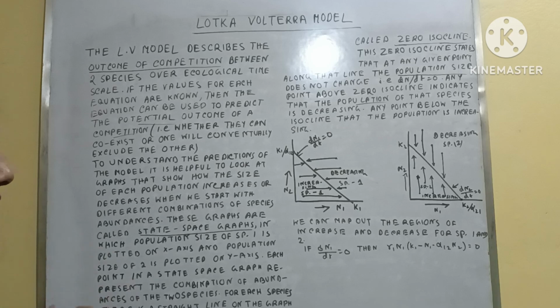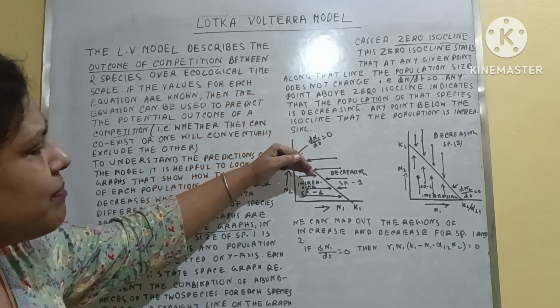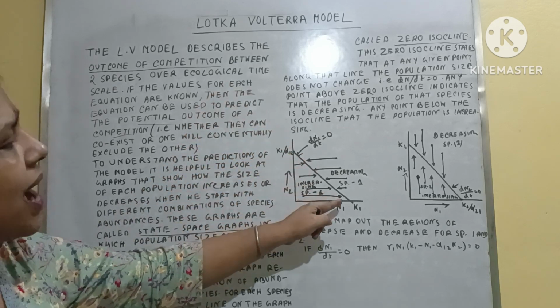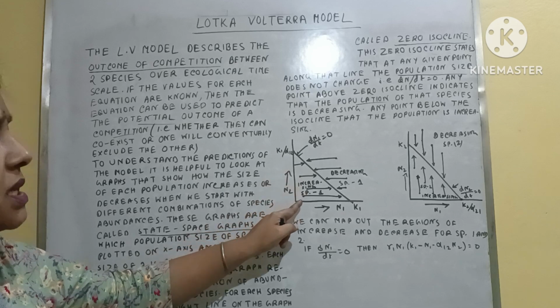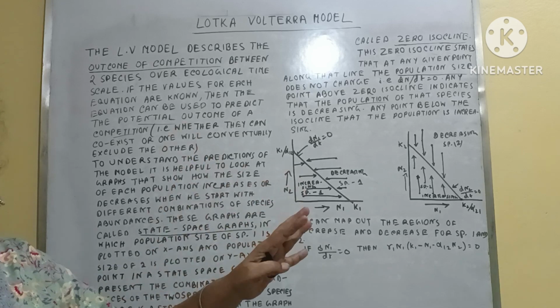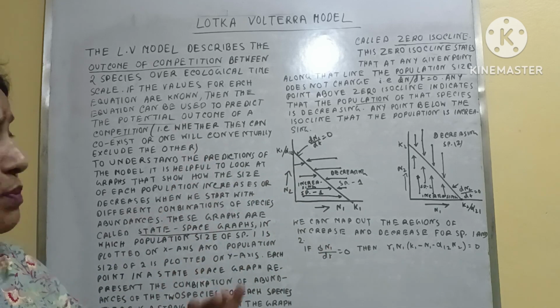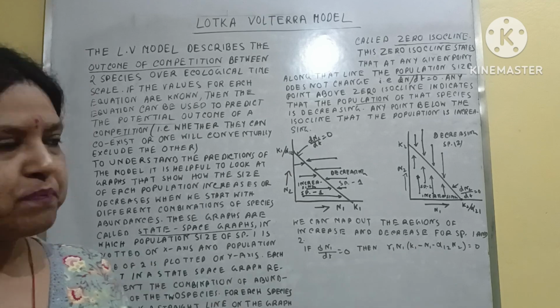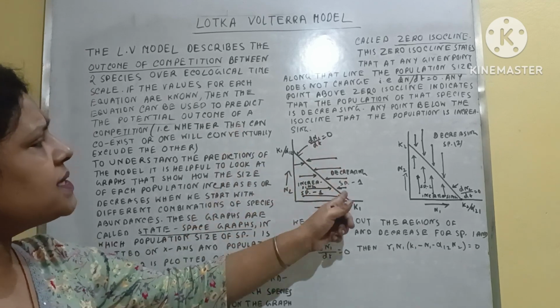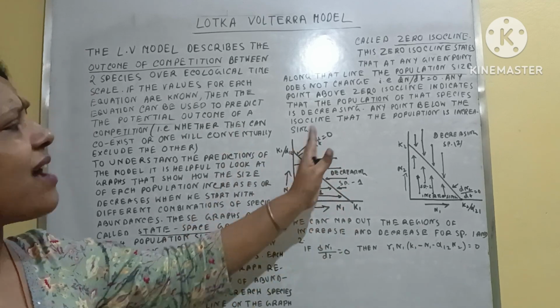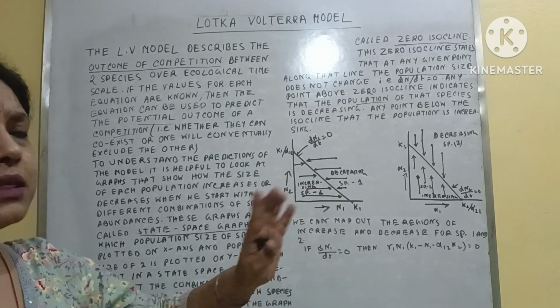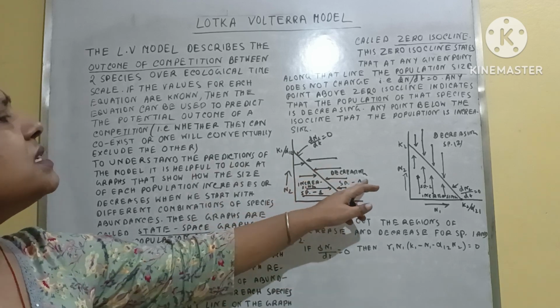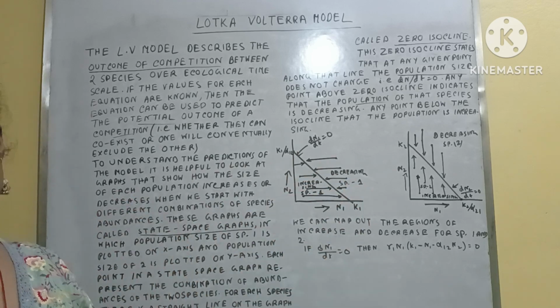If any points remain below this zero isocline line, that means the number of individuals of a particular species is increasing, and if any points are just above the zero isocline, that means species 1 individuals are decreasing. Clear?